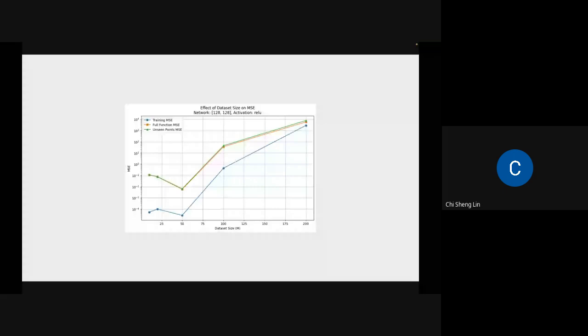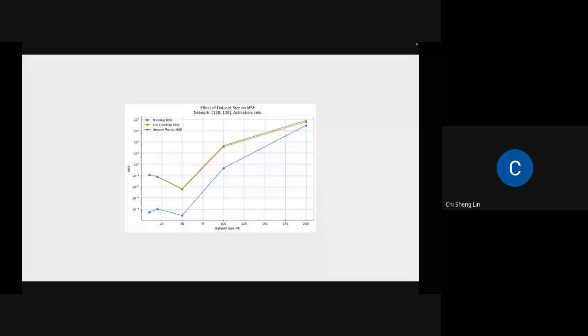There are three metrics: the training points is how well the model fits the training data, all points is generalization over the entire function domain, and unseen points is generalization on truly unseen data. The MSE initially improves with more data, then worsens.